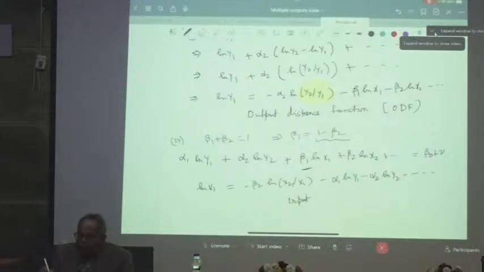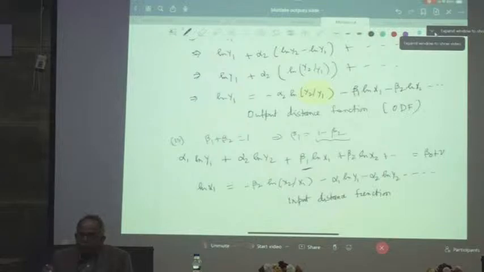So this is called the input distance function. Again, this is just a name, and this input distance function has similar properties. It doesn't matter which x you put on the left hand side. The only thing is that the right hand side x variables are to be expressed in ratio form.